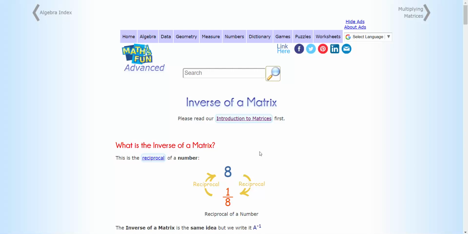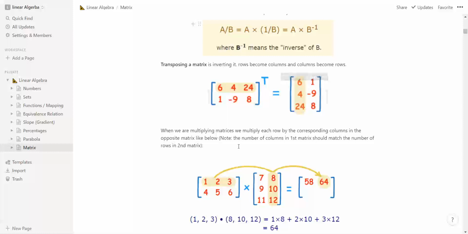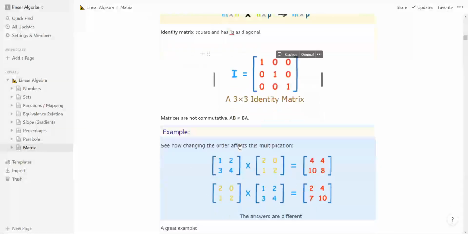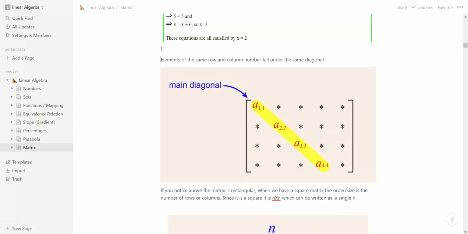Okay, so the reciprocal of a number, let's say you have an 8, that's an eighth, that's the inverse. We've done the multiplication, the commutative property, and then the inverse, which for 8 becomes 1/8.